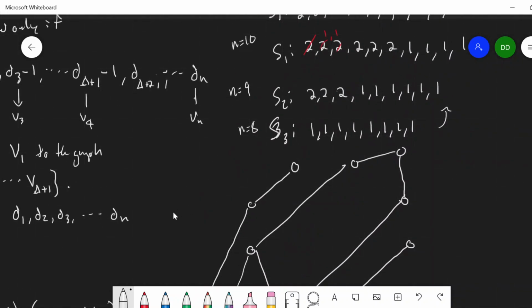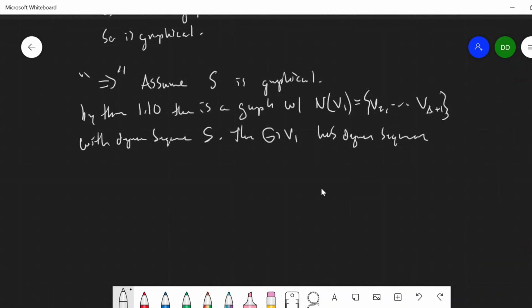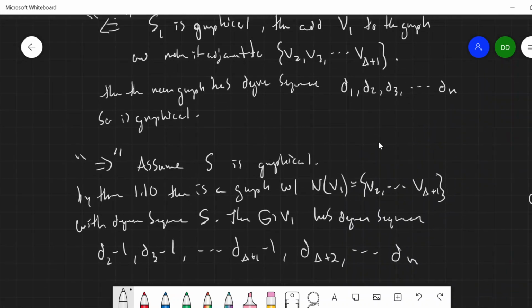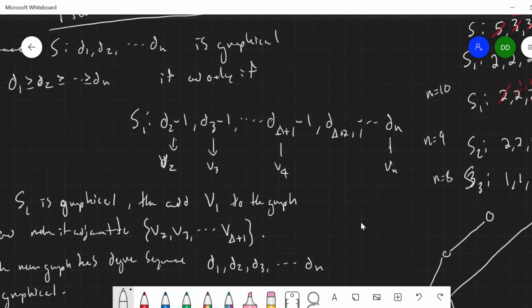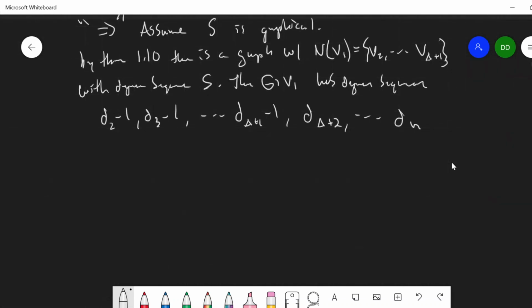When we remove V1, we're removing an edge from each one of those. So G minus V1 has the degree sequence D2 minus 1, D3 minus 1, D delta plus 1 minus 1, D delta plus 2, and so on up through Dn, which is exactly what we wanted to show, that this is also graphical. We found a graph with that degree sequence.